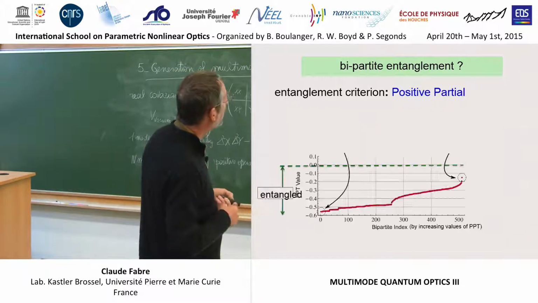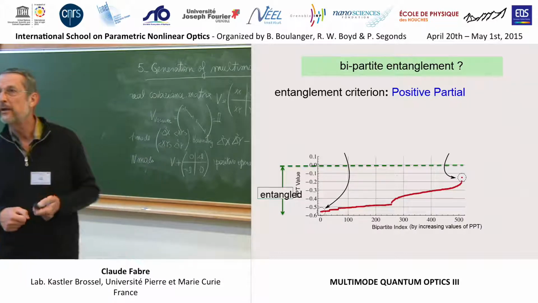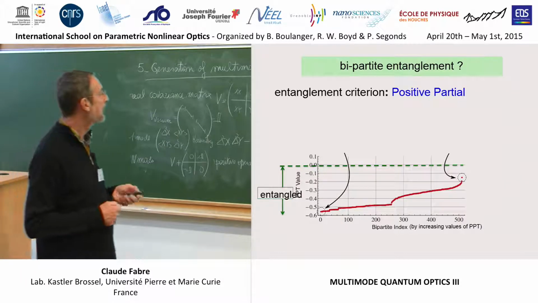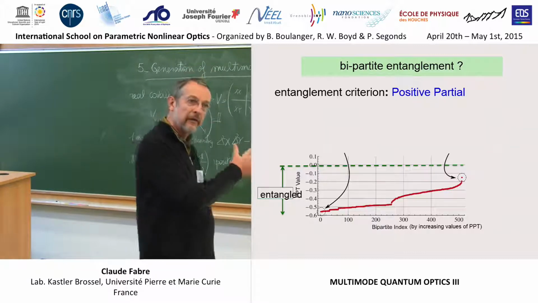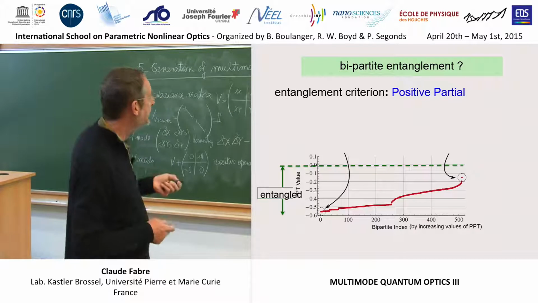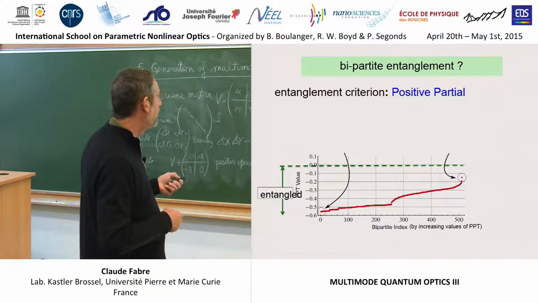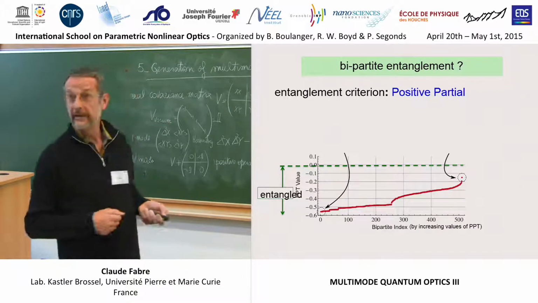The most popular one is called the PPT, positive partial transpose criterion. I won't go into the detail of it, but from the values in the covariance matrix, you can compute this witness. It gives you some number, and if this number is negative, so below this green line here, it is entangled.